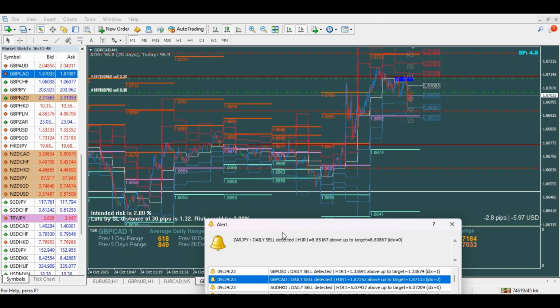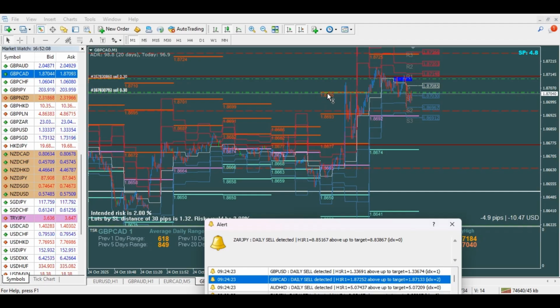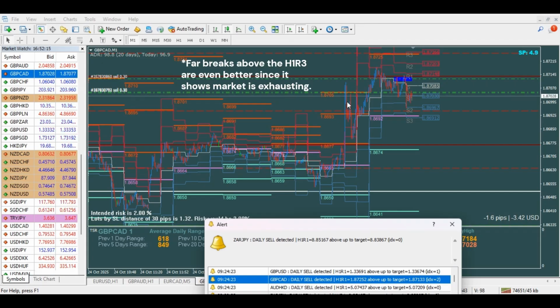The indicator detected 2 core conditions of the first 2 rules, and the first condition is that price broke above the H1 R3 in the previous candle. So in the previous H1 candle, price broke above the H1 R3. That's the first core condition.